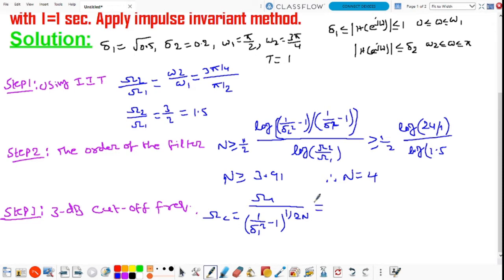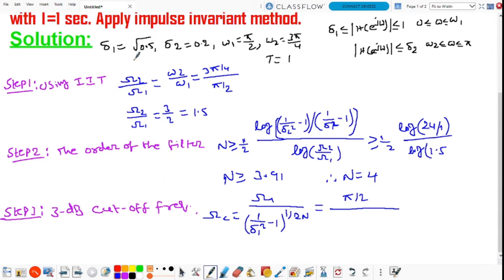Given that omega 1 value is pi by 2, divided by 1 by delta 1 square. Delta 1 value is square root of 0.5.